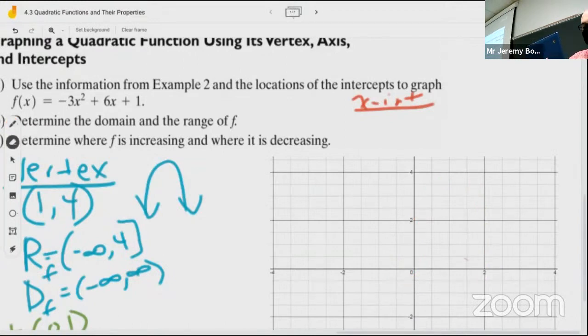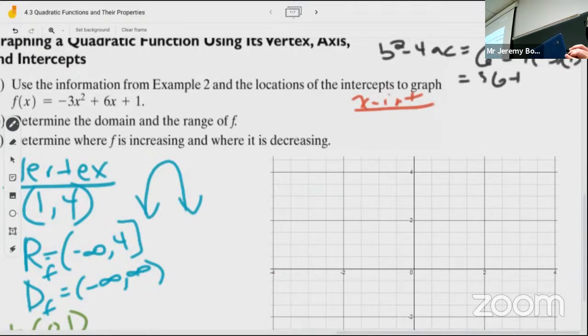If we want to do the discriminant to check, we can. It's b squared minus 4ac. So that's going to be 6 squared minus 4 times negative 3 times positive 1. It'd be 36 plus 12, which is 48. Is that right?